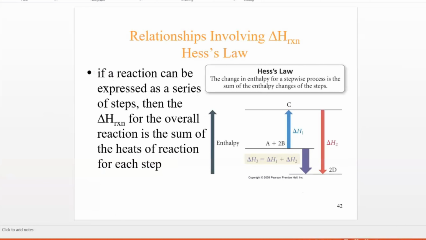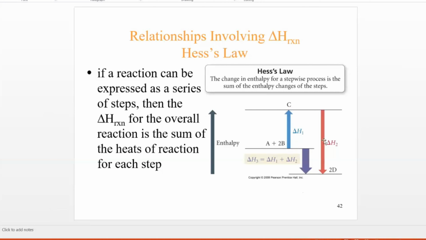And why is this important? Because we are going to be given questions where we can find the delta H of an overall reaction from the reaction mechanism. Now, we weren't really introduced to reaction mechanisms, but basically some reactions do not occur by just the reactants adding together. They make one change and they become the products. Usually there are multiple steps of intermediates that are formed before the final reaction is finished.